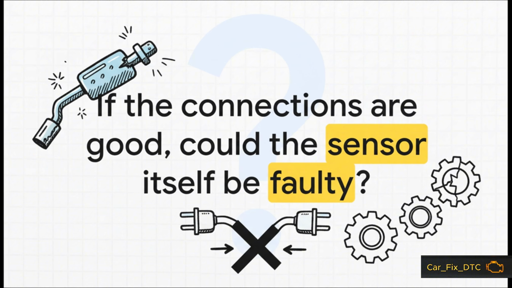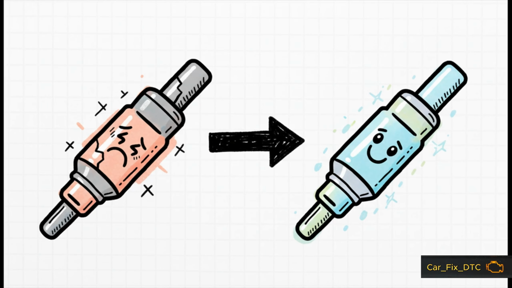If the NOx sensor isn't working right, it can't send good data, no matter how perfect the connection is. And if the sensor is the problem, the fix is pretty straightforward. It just needs to be replaced. Now, this is a bit more involved than just cleaning a connector, but it's often a simple part swap. A brand new sensor will make sure the PCM gets the clean, accurate data it's been missing.